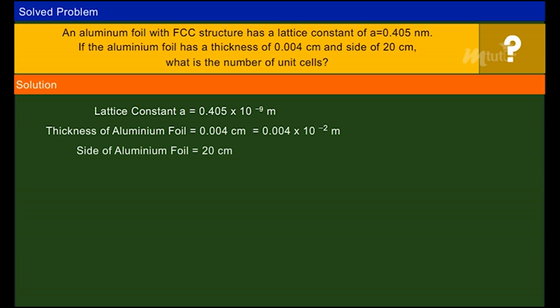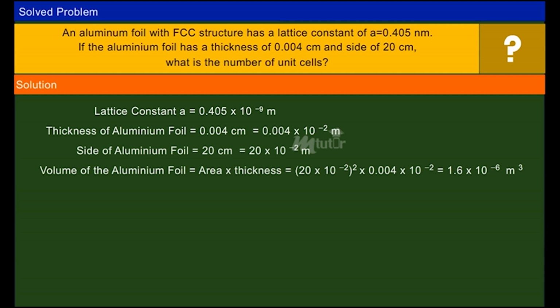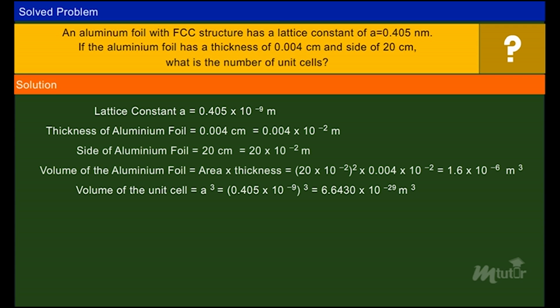In order to find out the volume of the foil, we need to find the product of the area and the thickness, which is equal to 1.6 into 10 to the power minus 6 meter cubed. We shall now proceed to find the volume of the unit cell, a cubed. Substituting, we have a cubed equal to 6.6430 into 10 to the power minus 29 meter cubed.